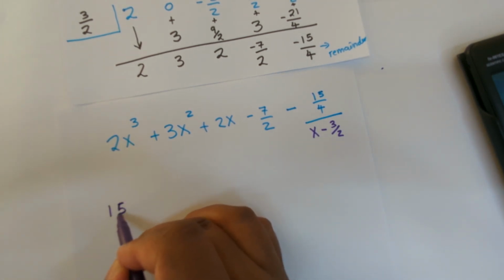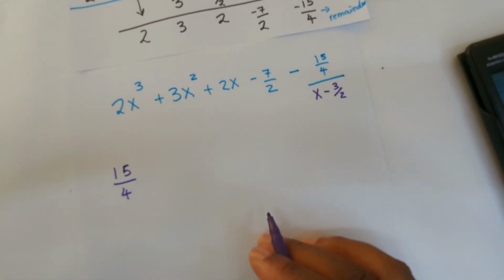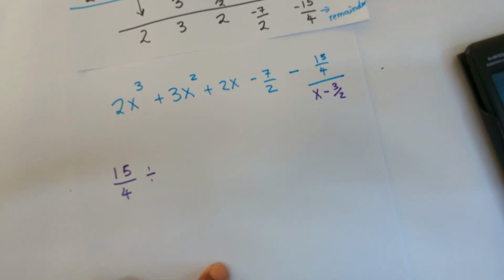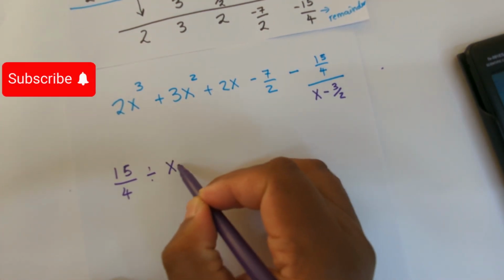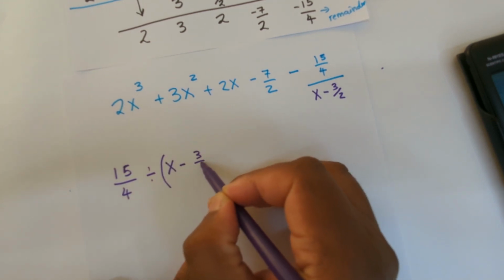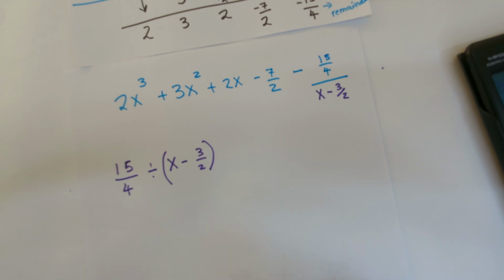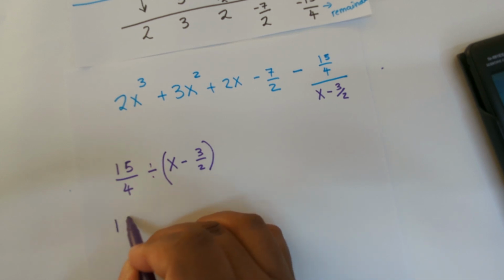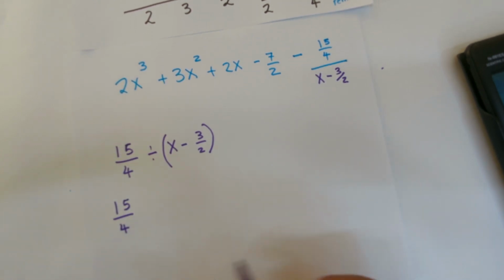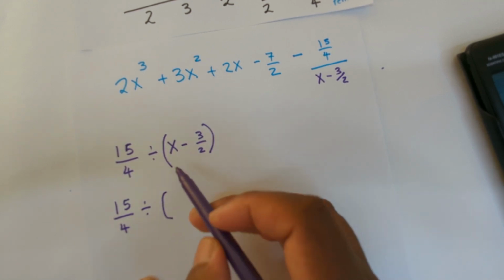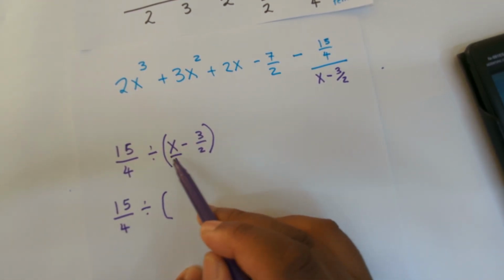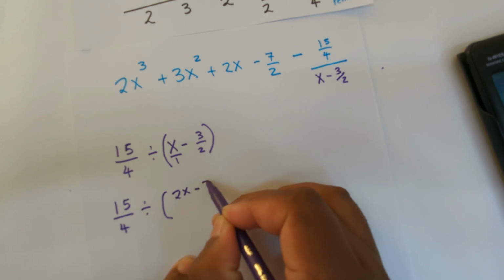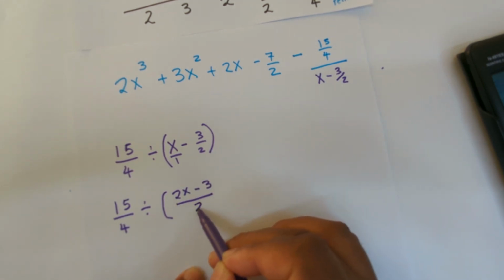Let's take 15 over 4 and divide it by x minus 3 over 2. Let's simplify the bracket first. We have 15 over 4 being divided by x over 1 minus 3 over 2, which simplifies to 2x minus 3 divided by 2.